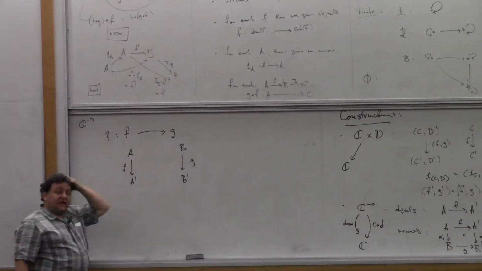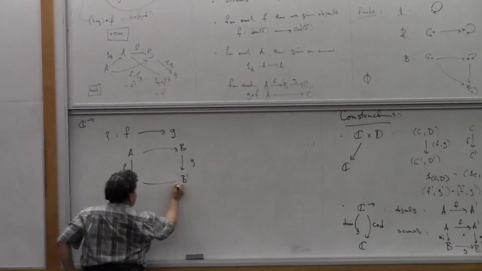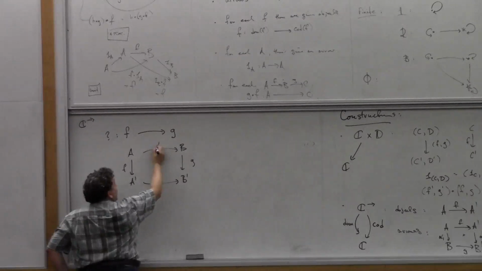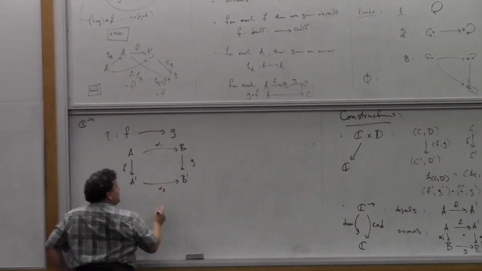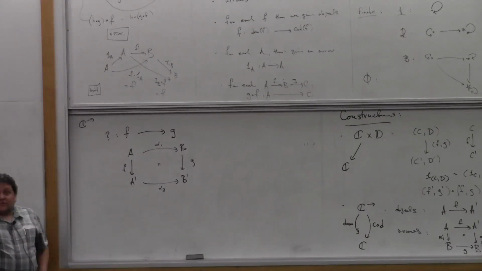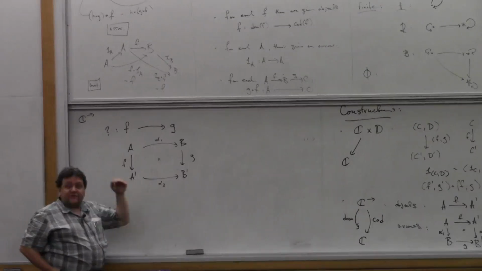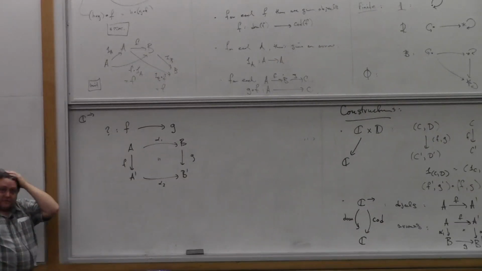And what I've said is, it's by definition a pair of arrows, one here and one here. Give them some names, alpha 1 and alpha 2, such that this square commutes. So I don't know what it would mean to leave the alpha 1 and alpha 2 off. Doesn't mean anything. Is that okay? Yeah.